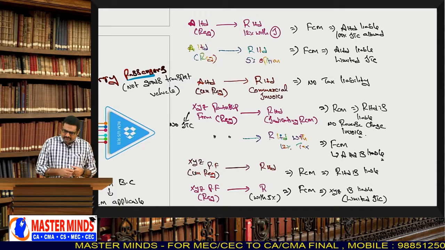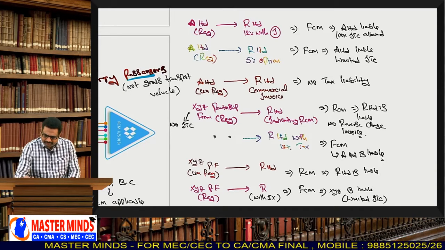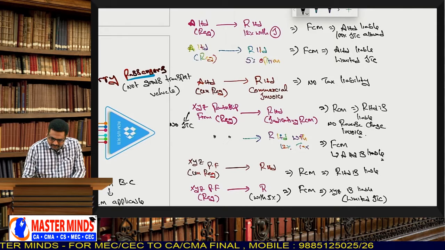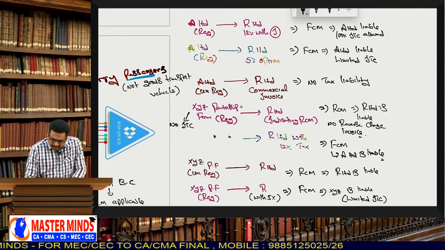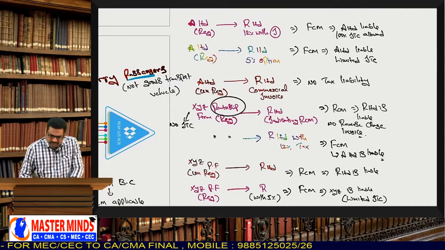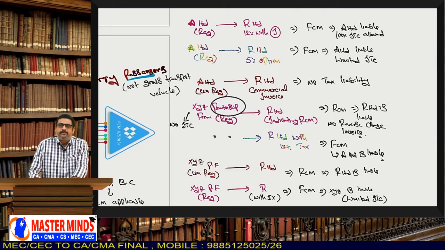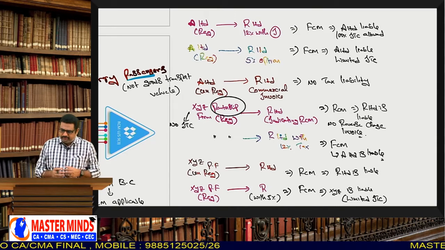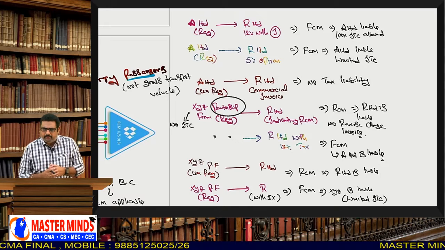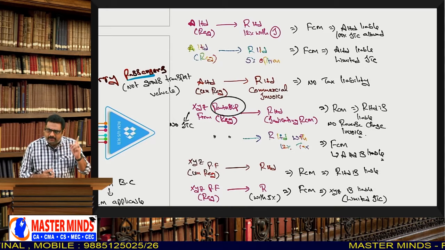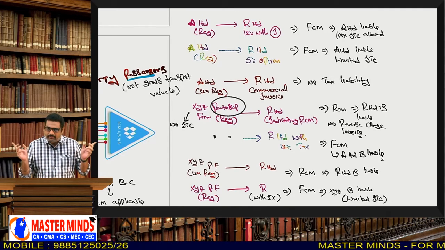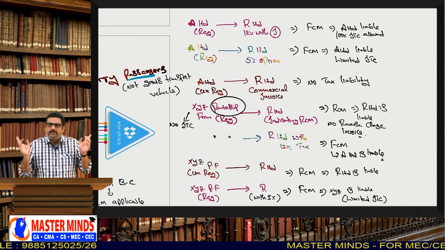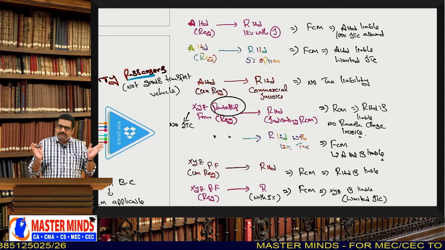Here in our example, XYZ is a partnership firm. That means other than body corporate. If the supplier is other than body corporate and the recipient is a body corporate, then definitely RCM is applicable.